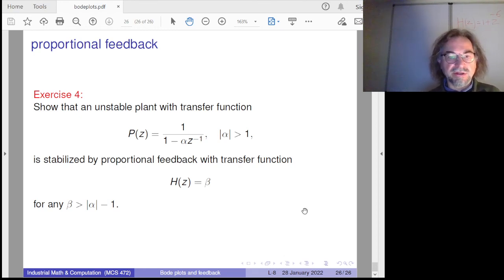The exercise is solved by computing the transfer function of the closed loop system and looking at the Laurent series expansion of the transfer function of the closed loop system.